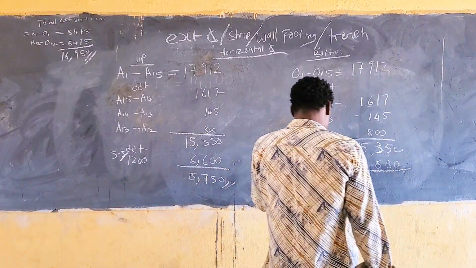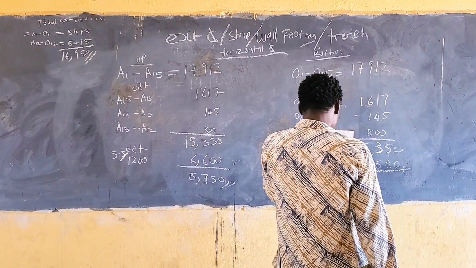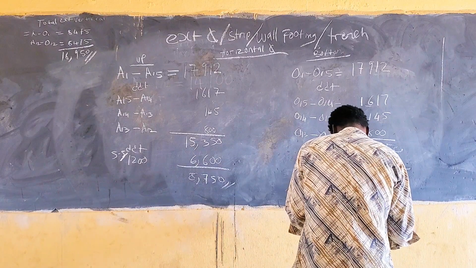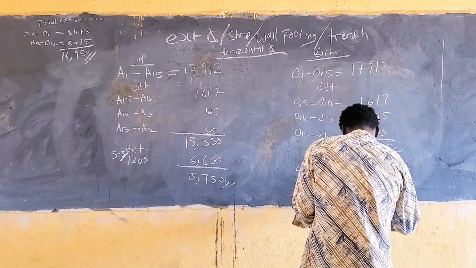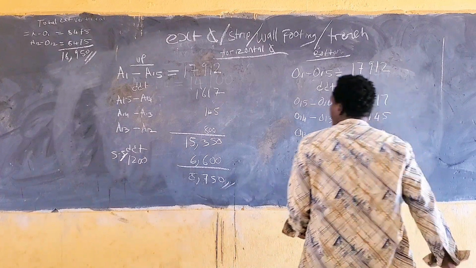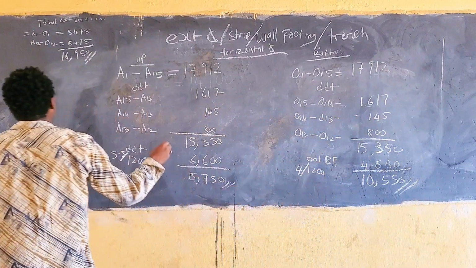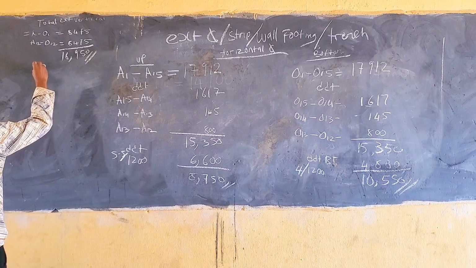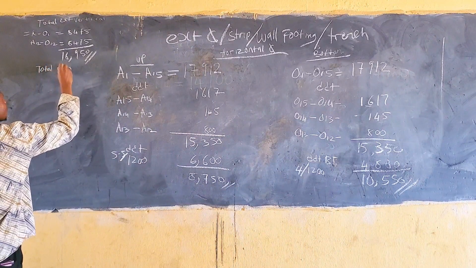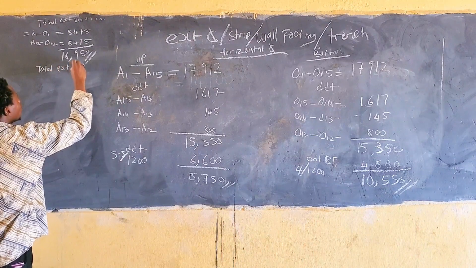That will give us 10,550. So to get the total external horizontal gaps, we'll come here again. Total external horizontal.